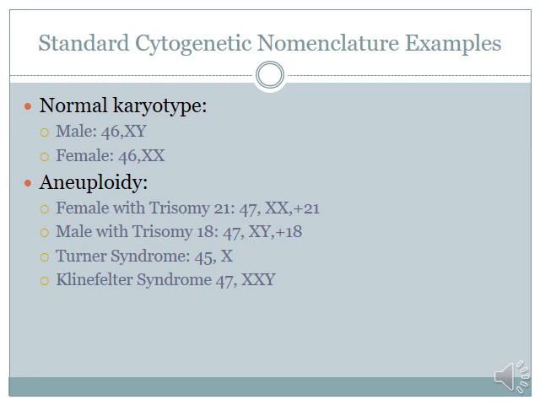A male with trisomy 18, Edwards syndrome, would be 47,XY,+18. A female with Turner syndrome would be 45,X. For Klinefelter syndrome, it would be 47,XXY.